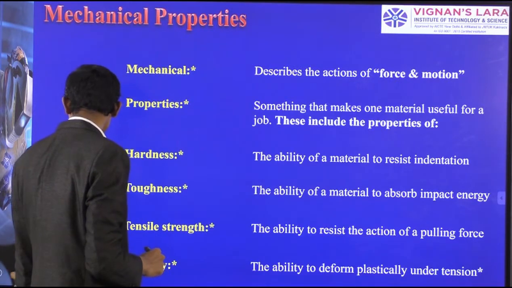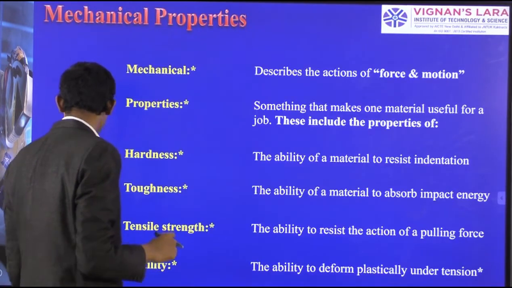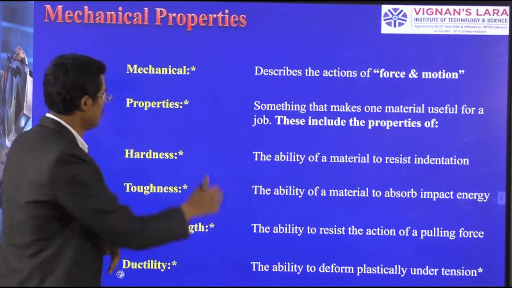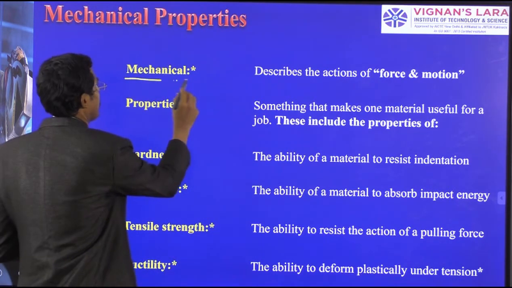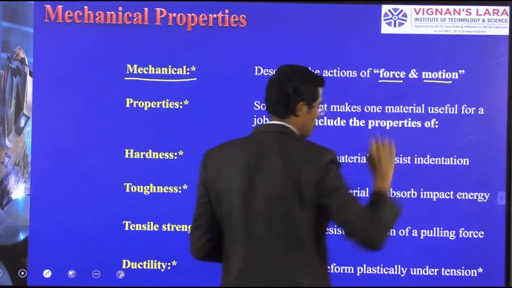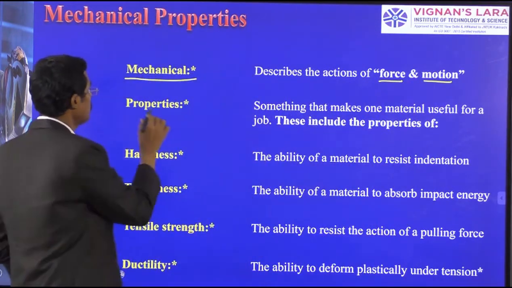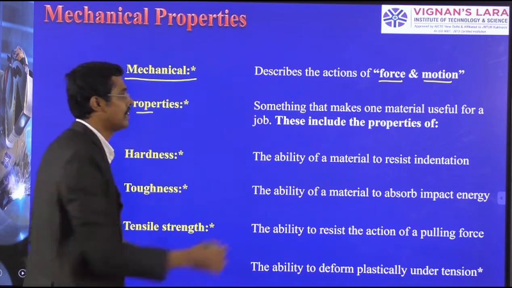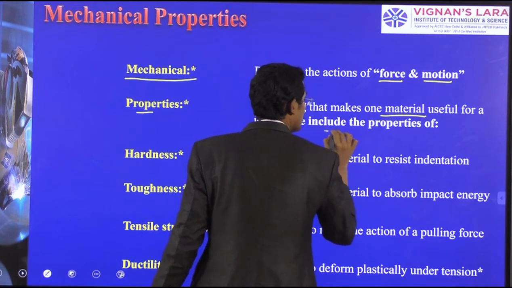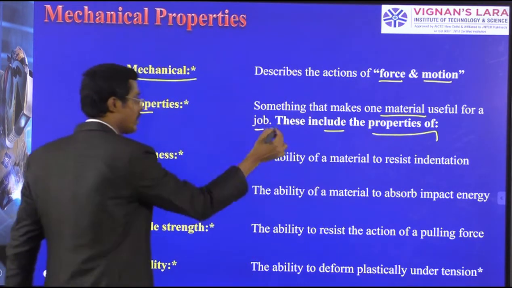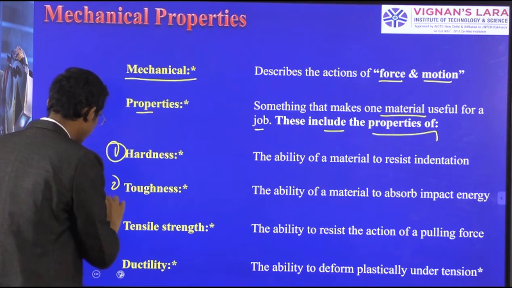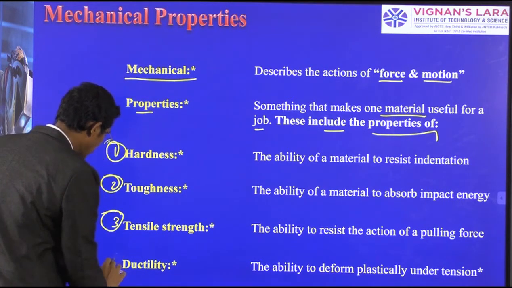Before going to the various testing processes, we should first understand the definitions of the properties. Mechanical describes the action of force and motion. A property is something that makes a material useful for certain jobs. The properties available are hardness, toughness, tensile strength and ductility.